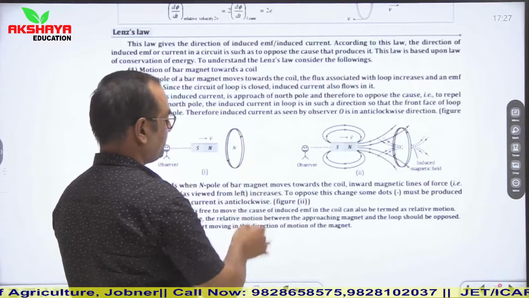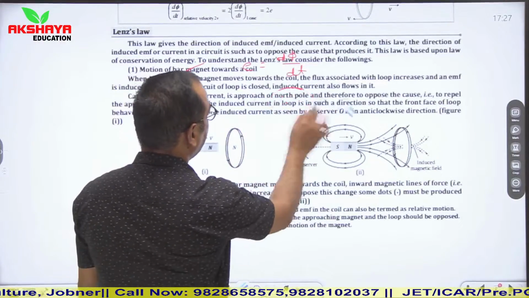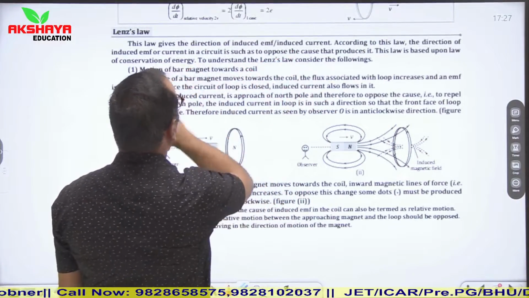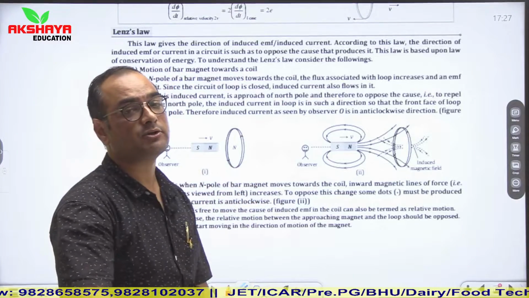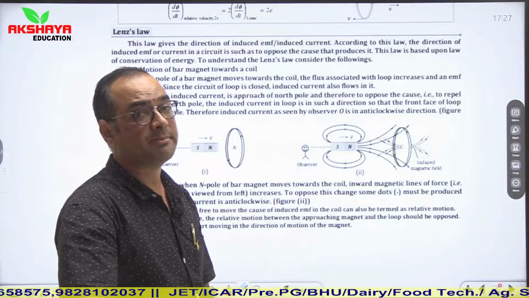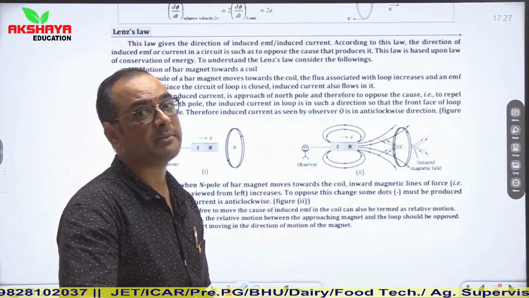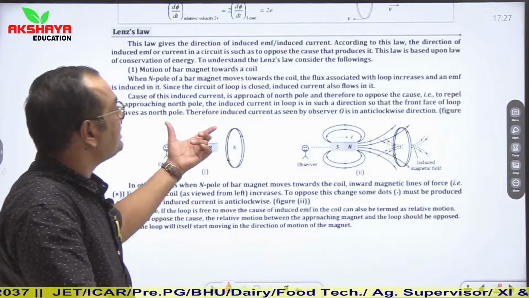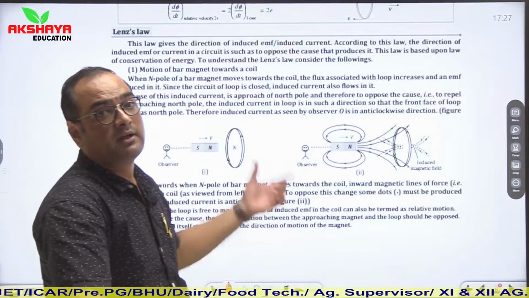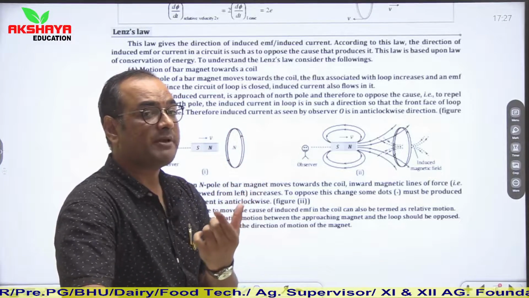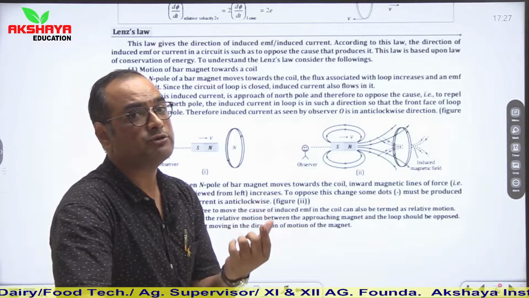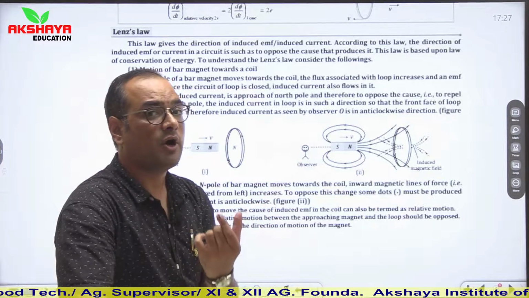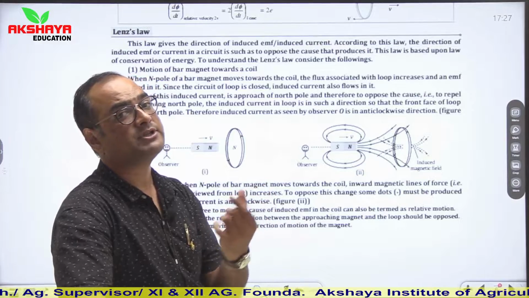Now see Lenz's law. So what is Lenz's law and how is it used in electromagnetic induction? Whenever we talk about Lenz's law, it simply gives us the direction of induced EMF. According to the scientist Lenz, if induced EMF is produced due to a change in magnetic flux, then this induced EMF and induced current oppose the cause by which they are produced.